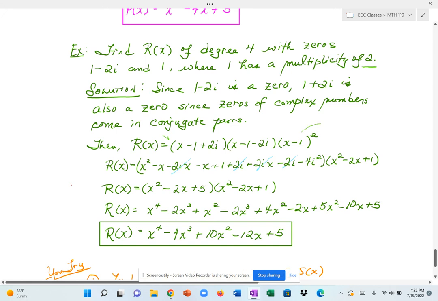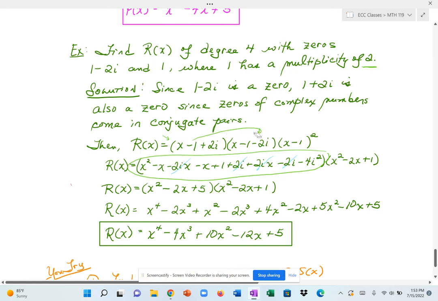The x minus 1 to the second just becomes x squared minus 2x plus 1. That was done by FOIL method. But to get all of this, I have to do the same thing that I did in the last example, which is distribute the x. So this x gets distributed, then the -1, and then the 2i.